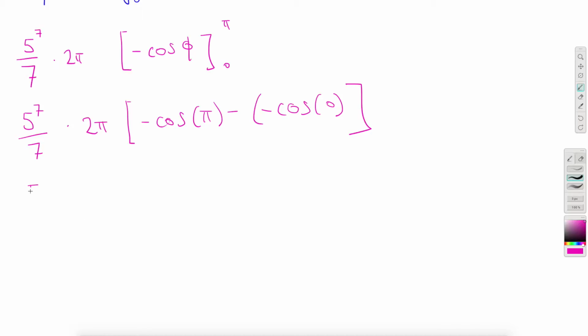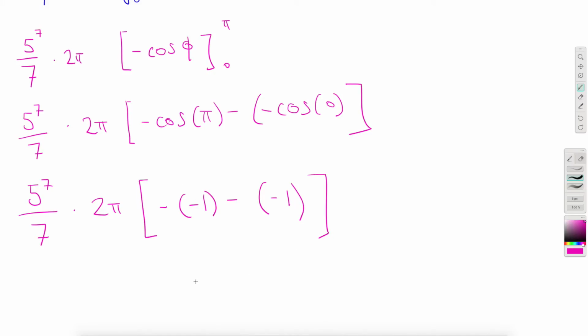Finally, we're going to get 5 to the 7 on 7 times 2 pi. This is going to be negative 1, negative 1. That's a lot of negatives. So this is going to be 1 plus 1 times 2 pi times 5 to the 7 on 7.